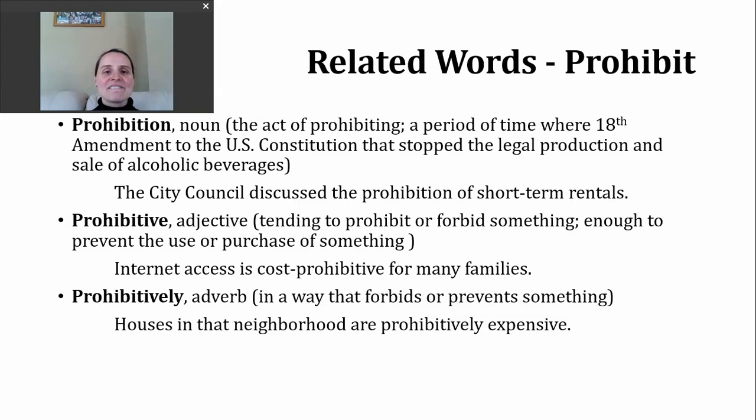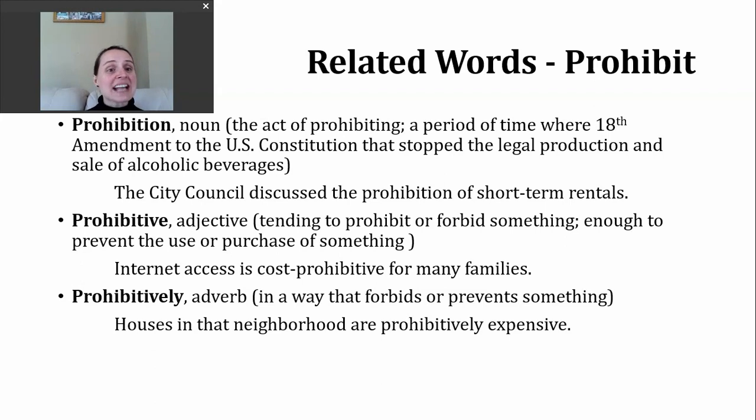Okay. Finally, let's look at a few related words for our verb prohibit. The first is the noun, prohibition. Okay? There are a couple different meanings. If you see this word prohibition with a lowercase p, a little p, it generally means the act of prohibiting.